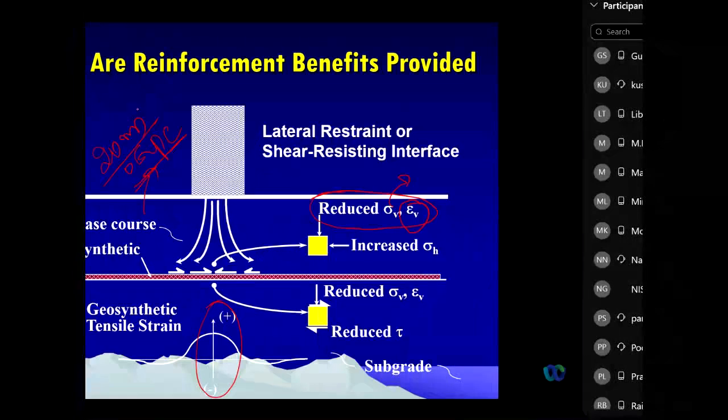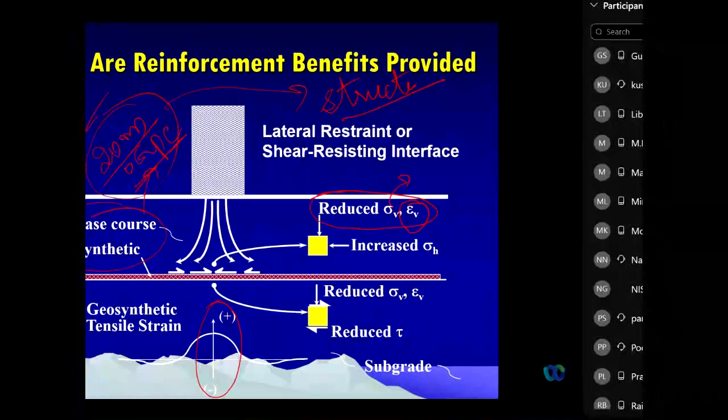We are not considering this layer as a structural layer. It is just a dust palliative layer, which needs to be provided for good riding quality. We will discuss more on this tomorrow in the last hour about surface dressing. So here, this is the direct benefit you are going to achieve.